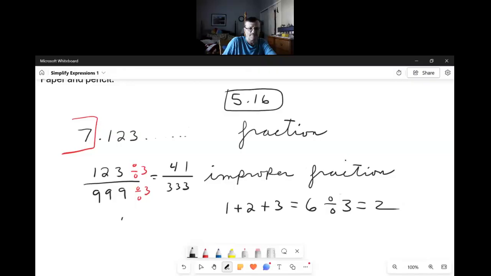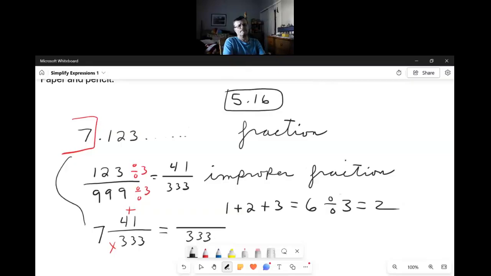Now what you want to do is this. Bring down the fraction. Bring down that 7. We're going to turn this into an improper fraction by multiplying 333 by 7 and then adding the product to the 41. Then we'll have a top number which will be much larger than the bottom number. We're going to bring that 333 across.